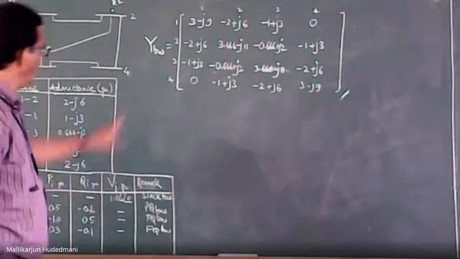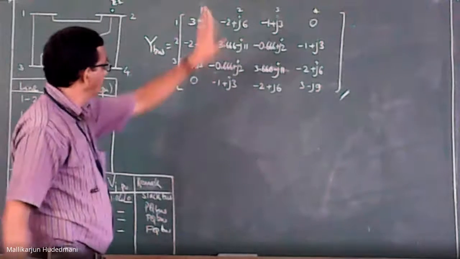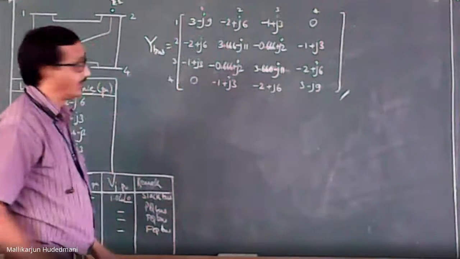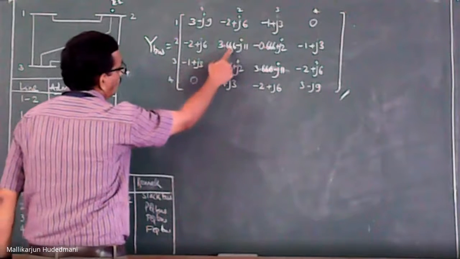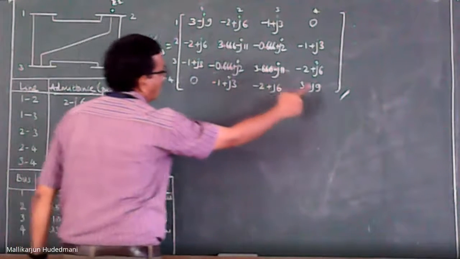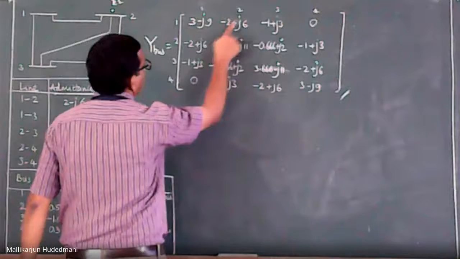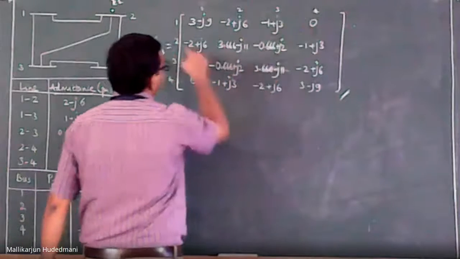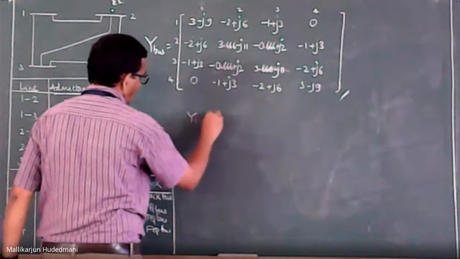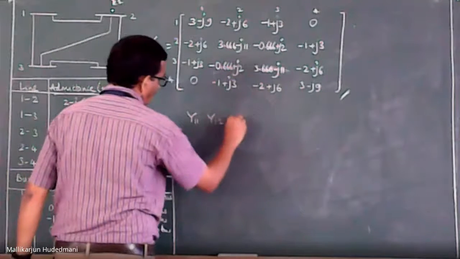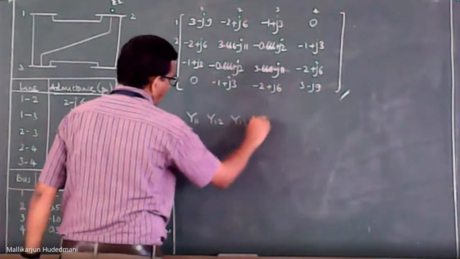So therefore, Y bus is of 4 cross 4. All the elements are there. What does it refer to? Y11, Y22, Y33, Y44, Y12, 13, 14. Likewise, each element is like this. Y11, Y12, Y13, Y14.